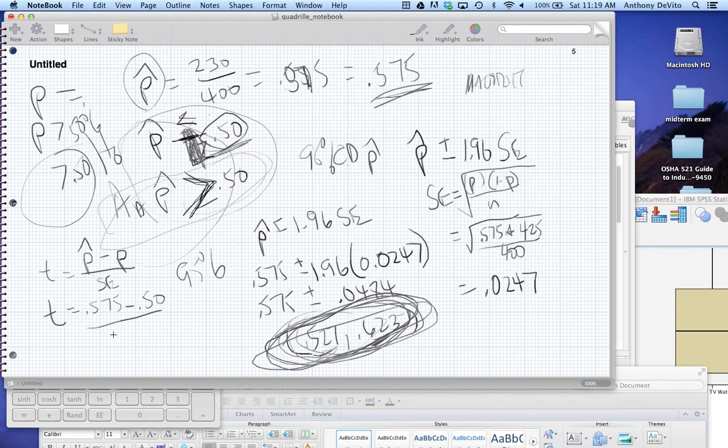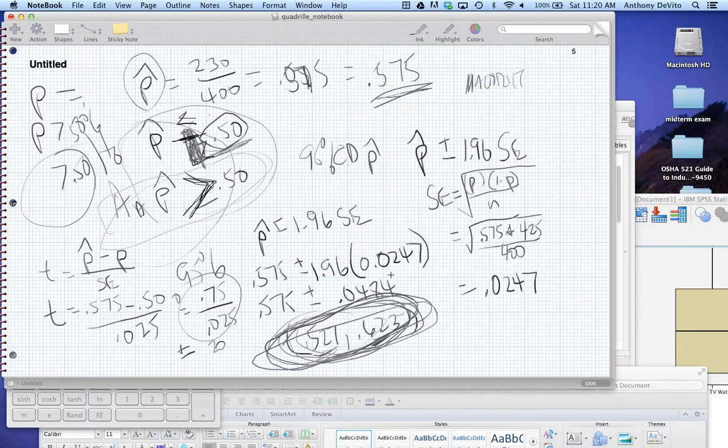It was 0.025, let's say. Okay, so T would be equal to 0.75 divided by 0.025. Okay, so T would be equal to a big number, right? Like 30 or something like that. That seem likely? That doesn't seem too likely.